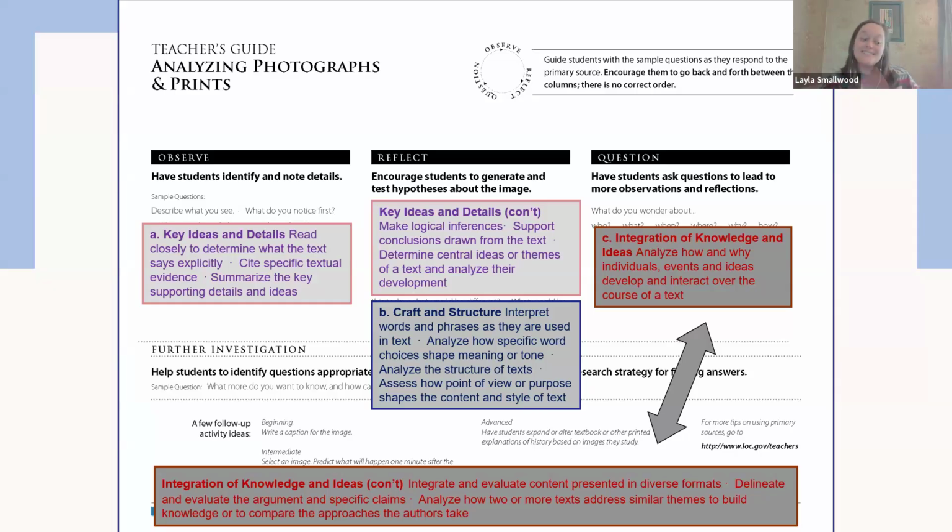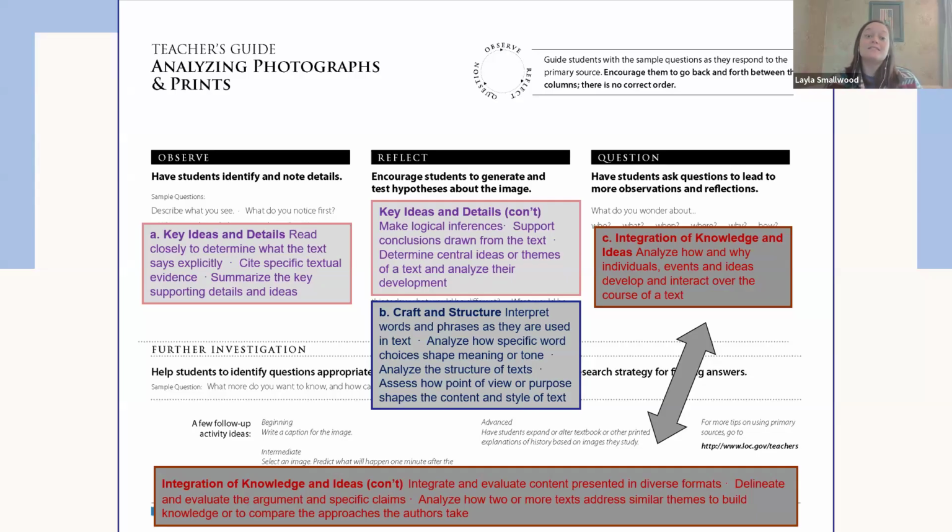You're looking at just that it says 1863 or 1864 or whatever the time is and moving forward. And you're going to cite specific textual evidence. So it might be good to give students the picture and then after they've observed a little bit, give them the caption, give them the year of publication to really continue to build those observation skills.